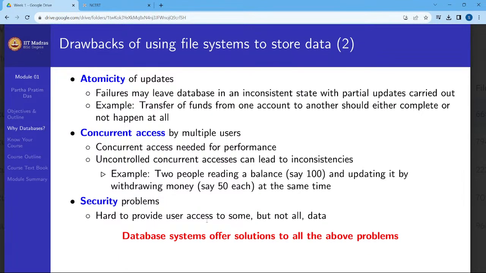There are some more drawbacks of file system, one of which is atomicity of updates. Let's say you are running a code and there are failures, right? So failure may leave database in an inconsistent state with partial updates carried out.